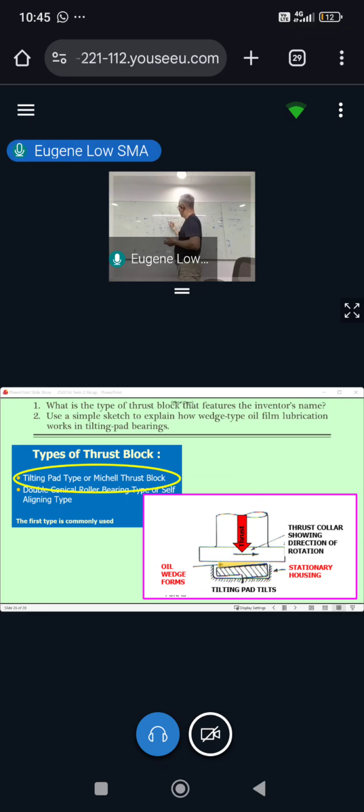And housing here. And this one you straighten this way. So this is a tilting pad. And this oil wedge here is very, very important. Oil wedge.